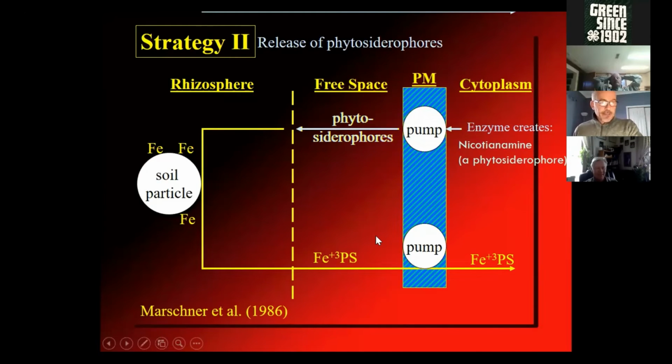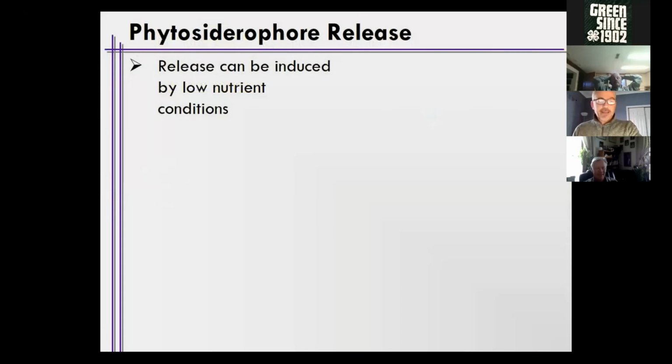The interesting thing about strategy number 2 is, you can imagine this, right? If you're a plant and you're not experiencing an iron deficiency, you wouldn't create phytosiderophores. You wouldn't want to expend more energy than you really have to, and that's true. So this release can be induced typically by low nutrient concentrations or low iron availability.